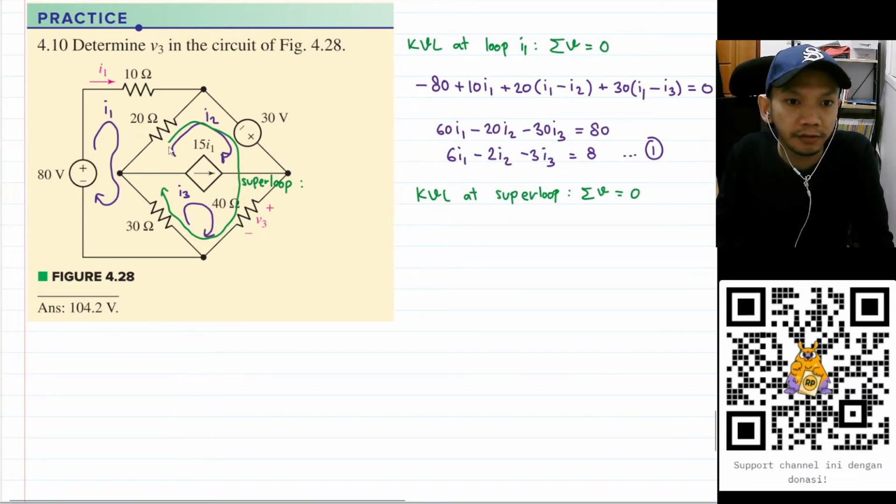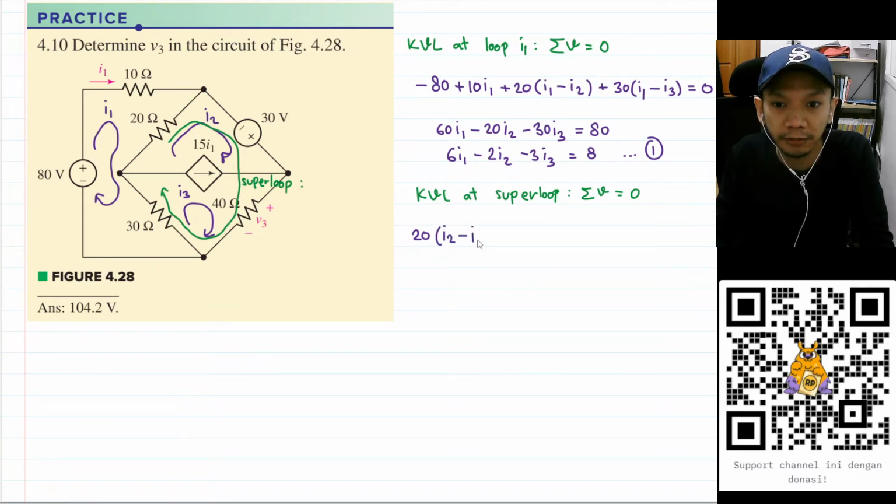We should start from this 20 ohm resistor. So we have 20 ohm, but now we concentrate on I2 here. But here I1 is flowing in the opposite direction, so I'll have I2 minus I1.